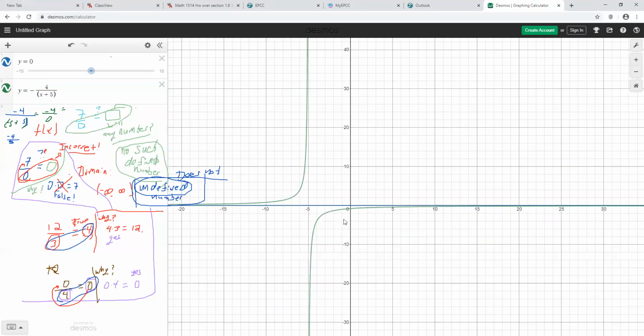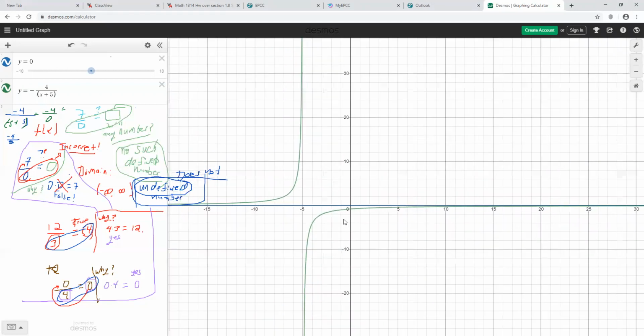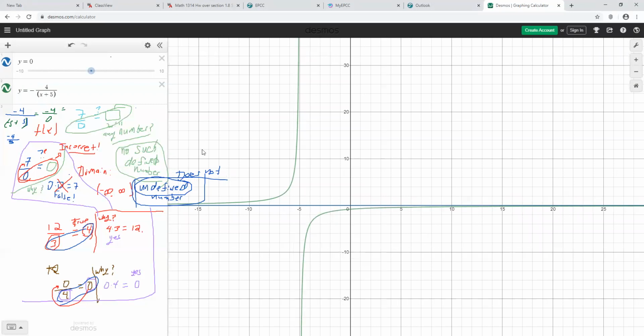So where did we say we were going to have issues here with a division of 0, which means when you are trying to make a table to get points, let's say we're trying to make a table to get points to graph this.